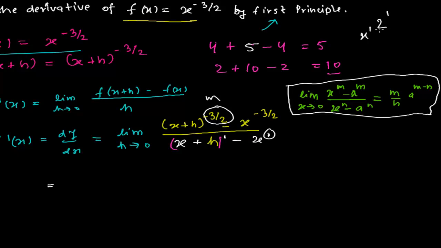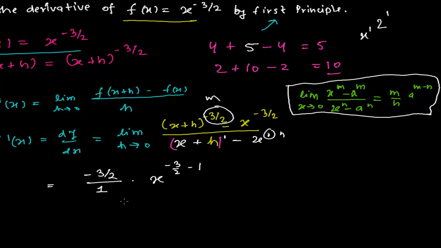So m by n is minus 3 by 2 divided by 1, times a to the power m minus n, that is x to the power m minus 1.